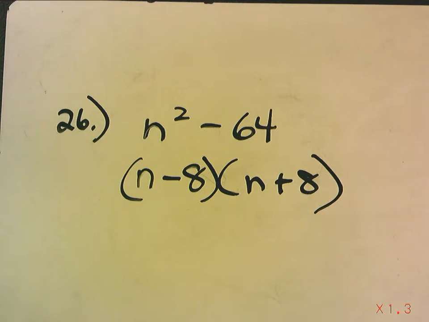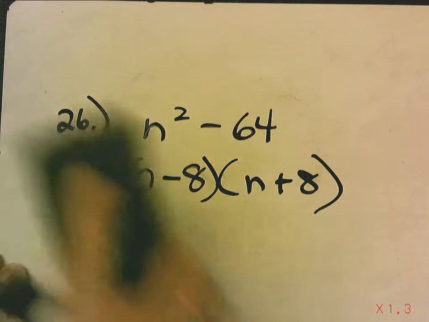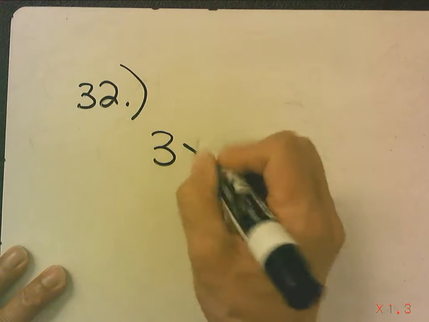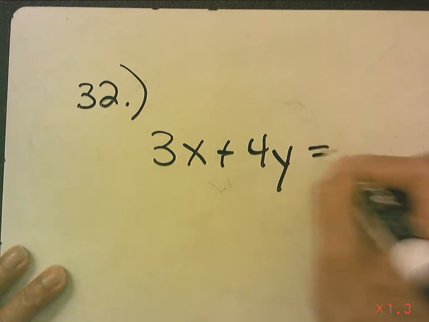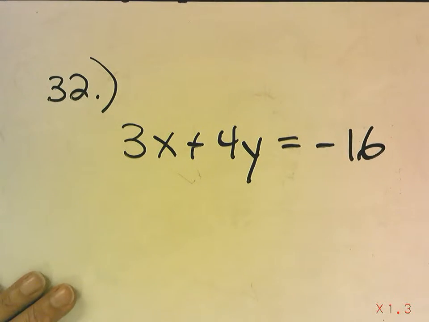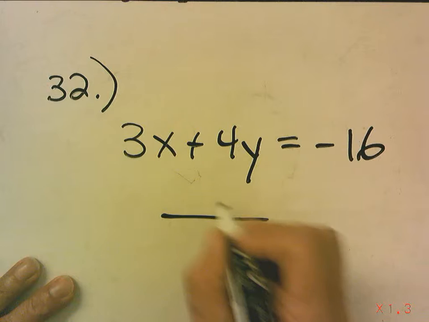Okay, and now let's look at number 32. 32 is a graphing. 3x plus 4y equals negative 16. So I can either graph this using my x and y intercepts.